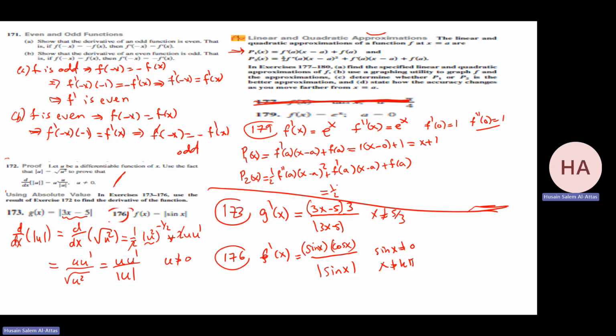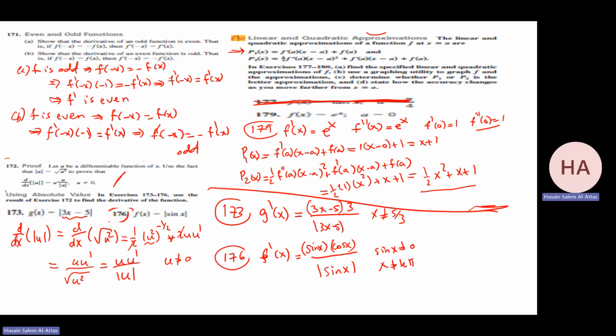That will be half times f double prime at 0, which is 1, x squared, plus f prime at 0, which is 1, times x, plus f at 0, which is 1 also. That makes it half x squared plus x plus 1. So this is the quadratic approximation.